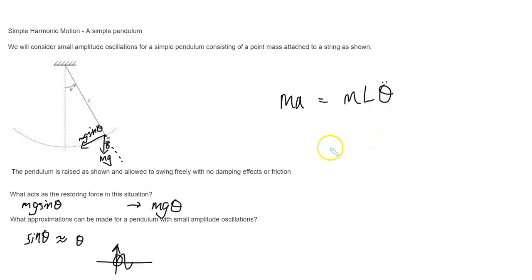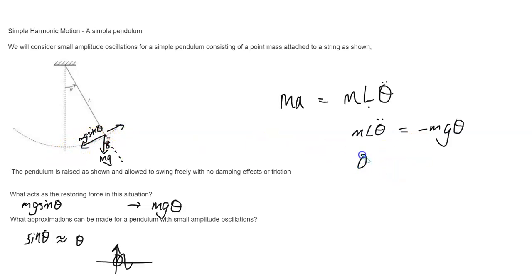And then once again, like before, you can equate this and the restoring force to give you your equation of motion for this system, which would be minus the, remember it's always minus because the force acts against the displacement. Displacement goes this way, and your force is acting that way.